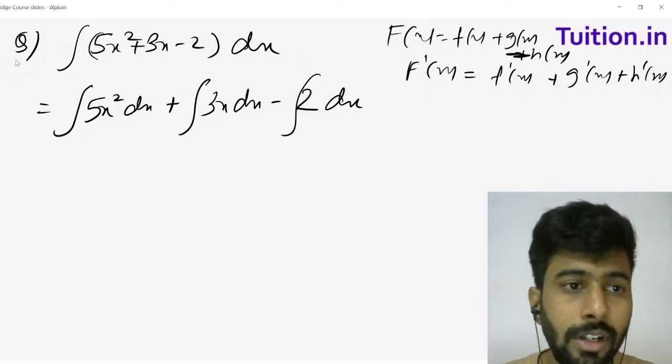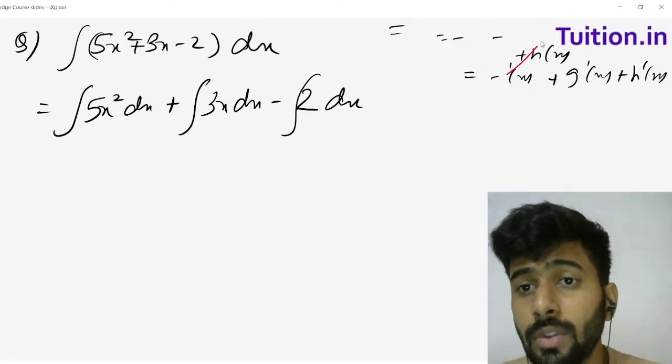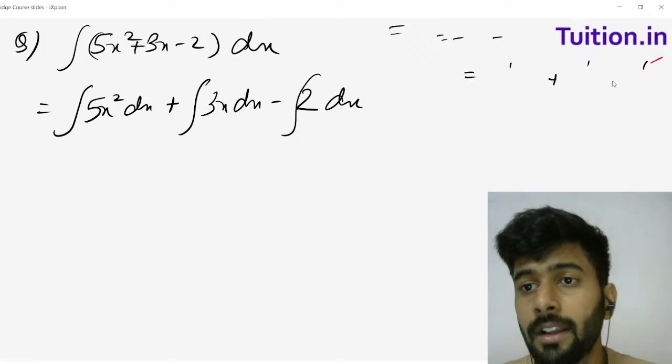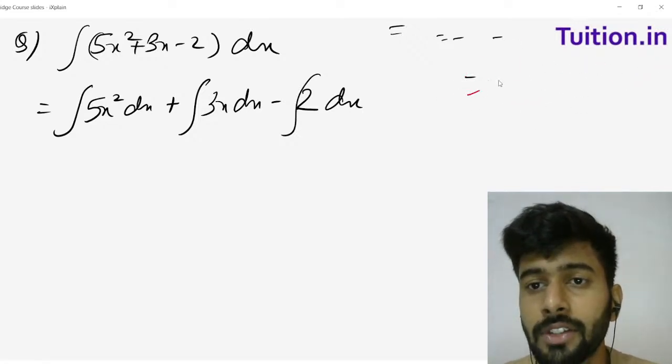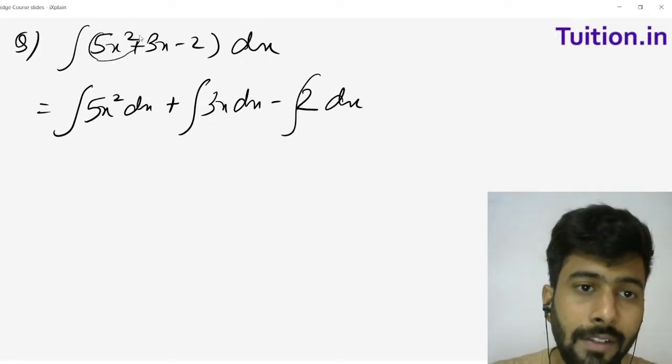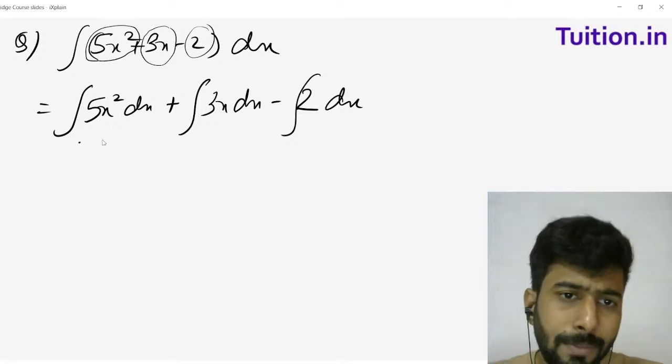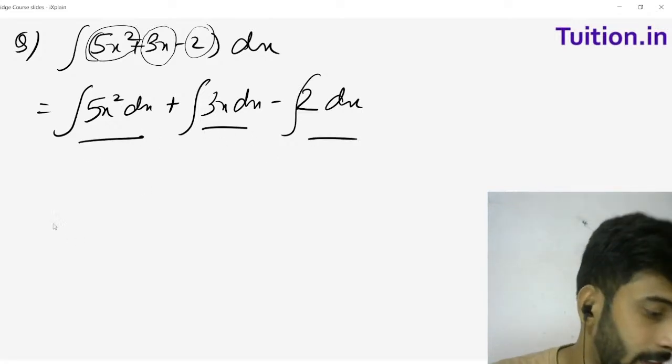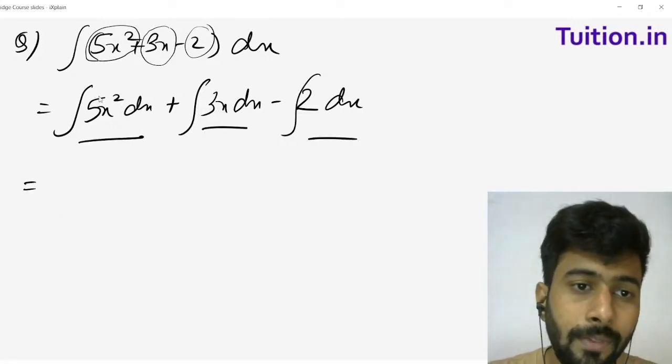You can do that for integration also. If you have a plus or minus between functions, you can split the integral into 3 parts. Here 5x square is one function, 3x is another function, 2 is another function. You can split these into 3 integrals and now integrate each of these separately.